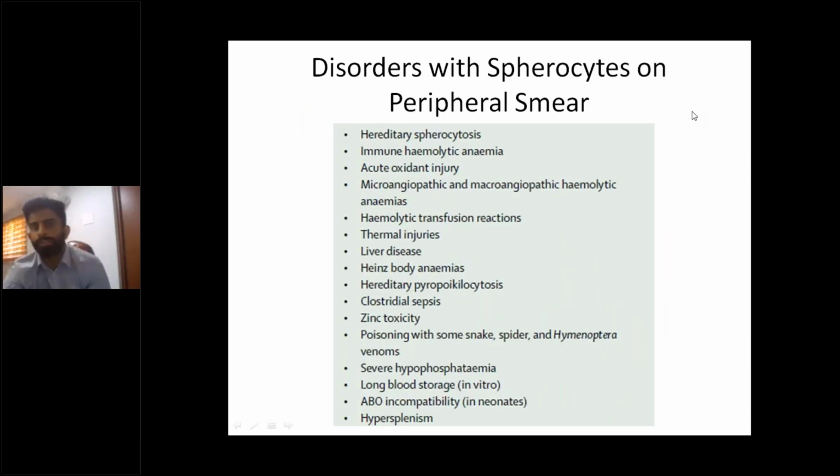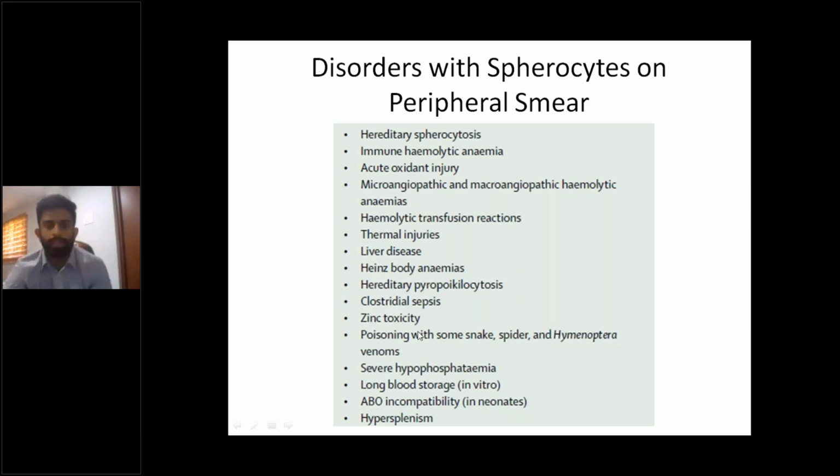And the differential diagnosis: spherocytes on peripheral smear can be seen in HS, immune hemolytic anemia, acute oxidant injury, microangiopathic and macroangiopathic hemolytic anemias, hemolytic transfusion reactions, thermal injuries, liver disease, Heinz body anemias, hereditary pyropoikilocytosis. Again, this is another form of red cell membrane defect.